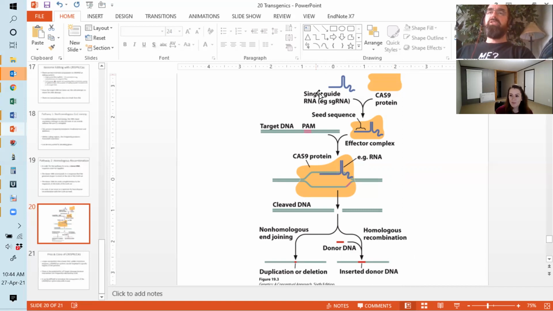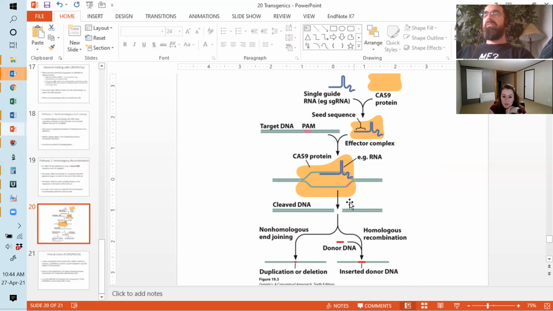Now, if in addition to these two things, the guide RNA and the Cas9 protein, you add another bit of DNA, and that bit of DNA matches either side of that break, now we'll use homologous recombination, which we learned about way back when, which is involved in crossing over in prophase, in cell division.